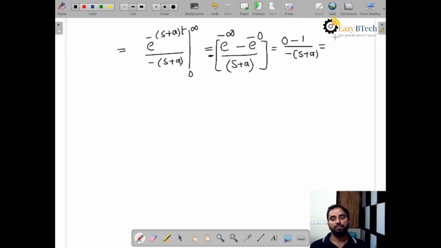So it will be 1 by s plus a. This is the answer. So the Laplace transform of e power minus a t u of t is 1 by s plus a.